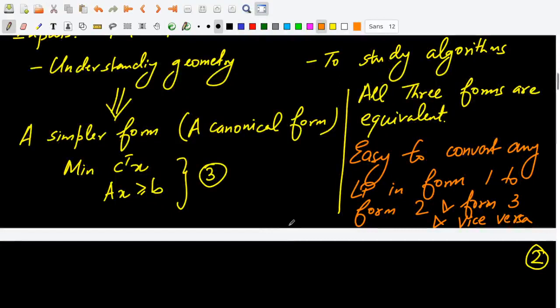So that makes our life very interesting, because depending on what insight we want, and depending on which part or which aspect of the algorithm or the theory we are looking at, we can use a convenient form and then try to get a good understanding and intuition behind it.